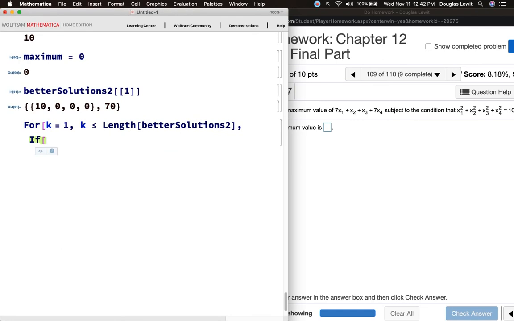So if betterSolutions2 is greater than maximum, then let maximum be equal to betterSolutions2.